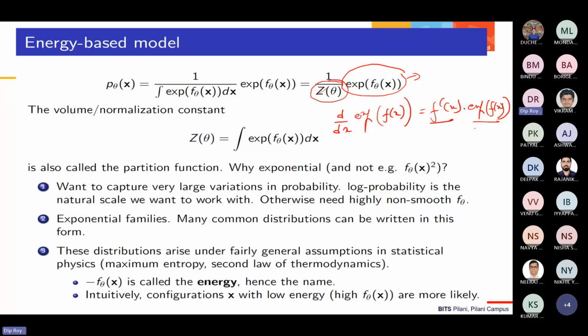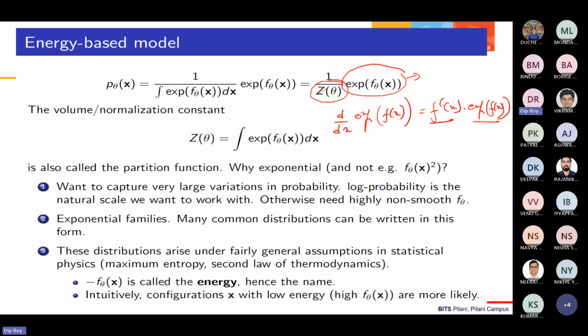And this is one of the key reasons why we want to use this particular function. Obviously we said a probability distribution has to have positivity. This fulfills the positivity.